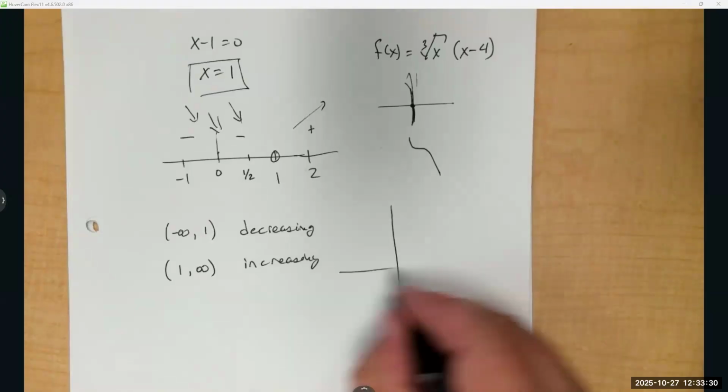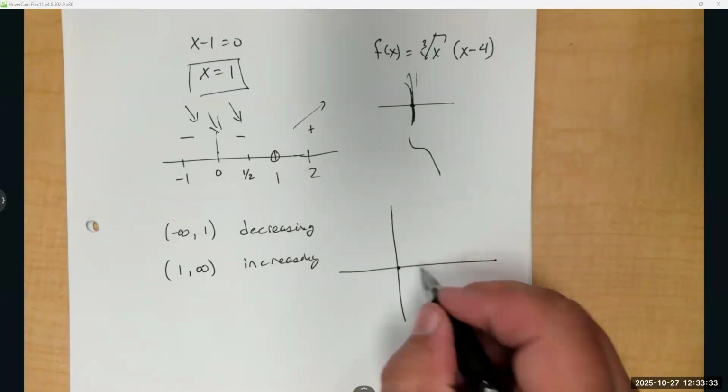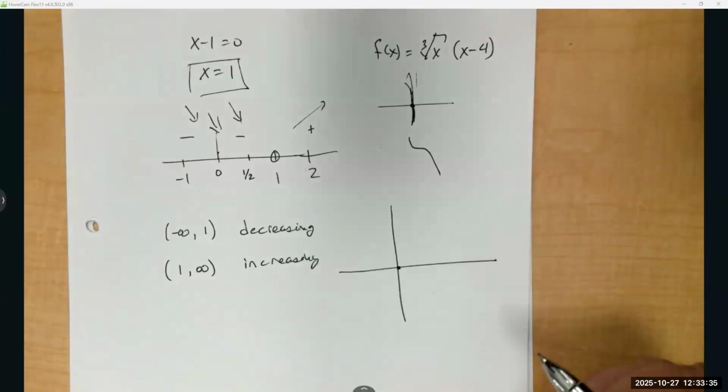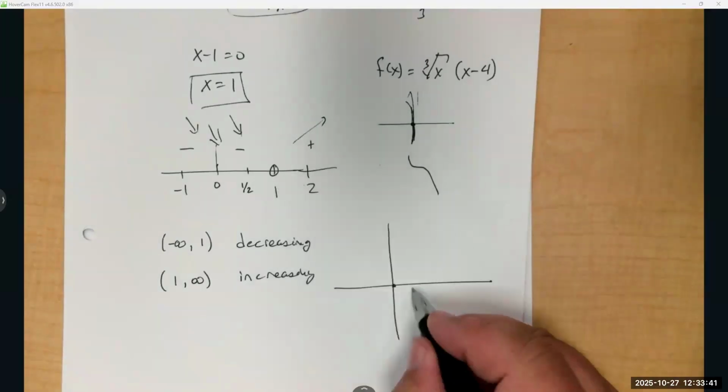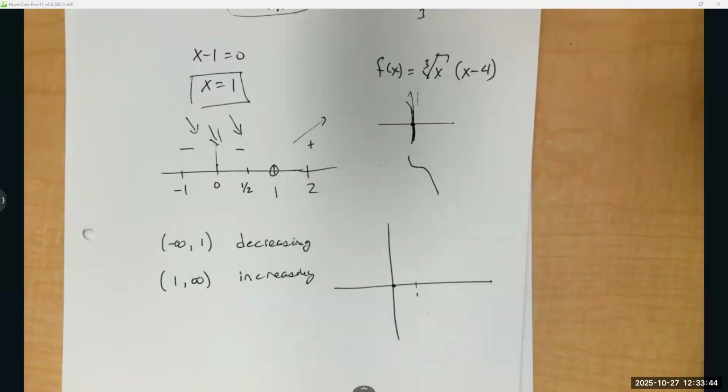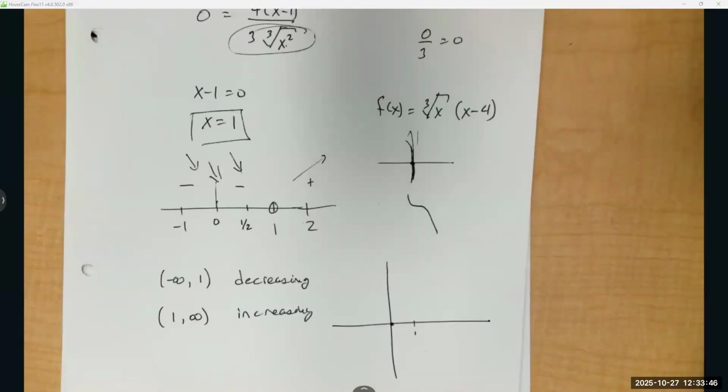So our graph, if we have to look at it, at 1 we have our vertex. So we put it back into our original equation.